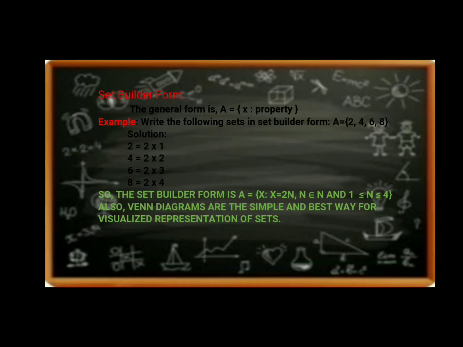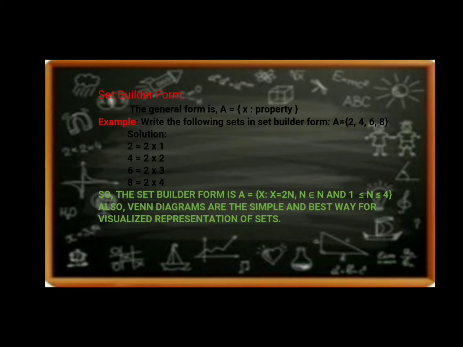Now, let's move on to our second set representation, the set builder notation. Set builder notation is a mathematical shorthand for accurately stating a specific group of members. So that means it has something to do with the signs and symbols that I've already mentioned. Example, write the following set in set builder form. Set A has the elements 2, 4, 6, and 8. Solution: 2 is equal to 2 times 1, 4 is equal to 2 times 2, 6 is equal to 2 times 3, and 8 is equal to 2 times 4.